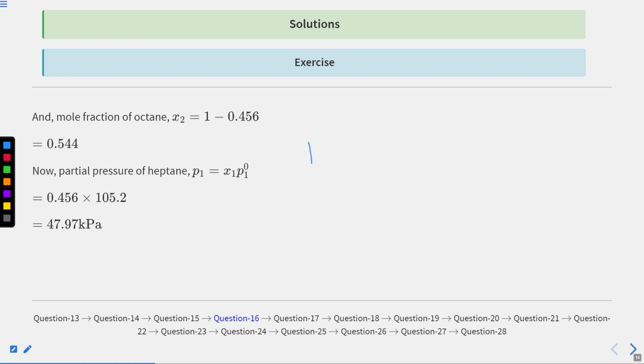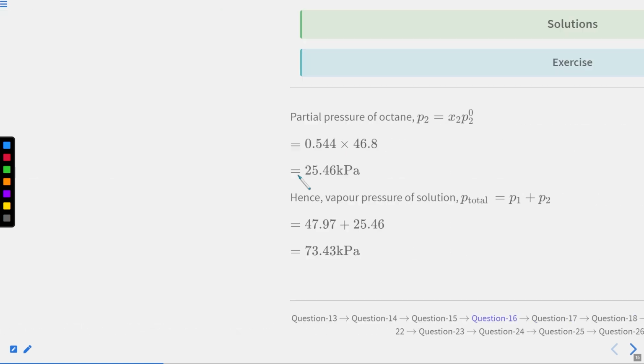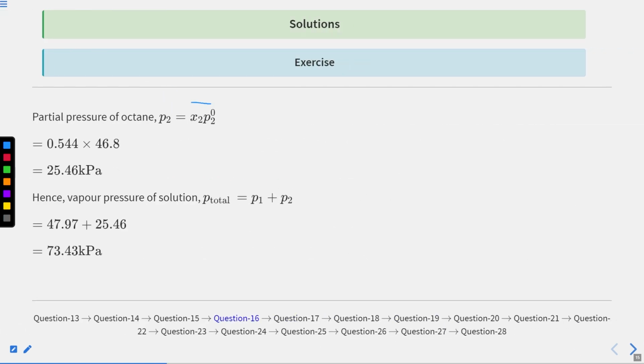Then we will calculate P1 = x1 P01, which is given here, and P2 = x2 P02, where P1 and P2 are the pressures not of the pure form, that is of the solution form, whereas P01 and P02 are for the solvent in the pure form. We'll calculate this, and add both P1 and P2 to get our final vapor pressure of the solution.